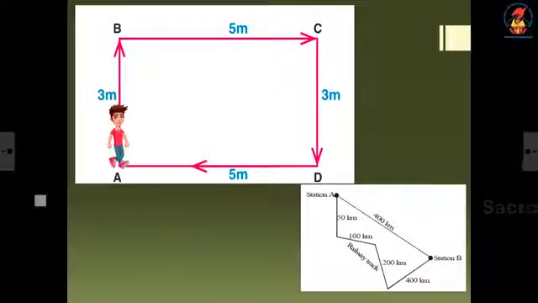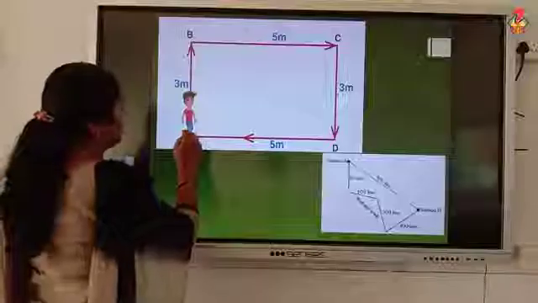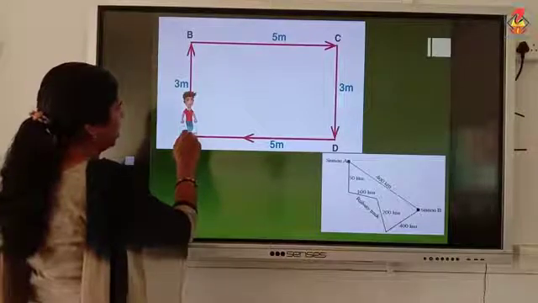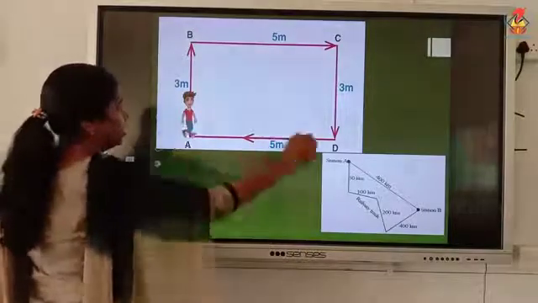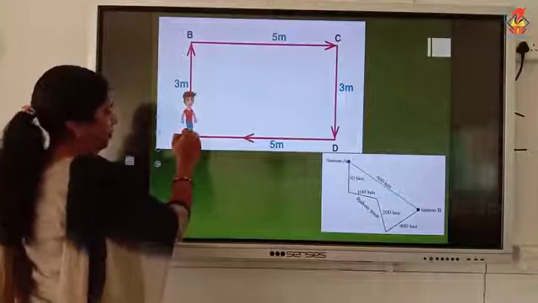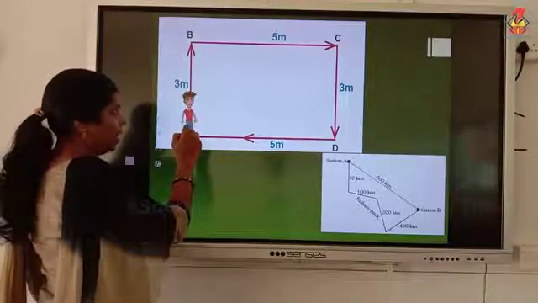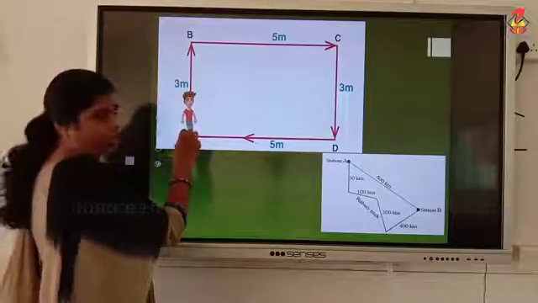Now, suppose a person starts from this A and reaches A itself.